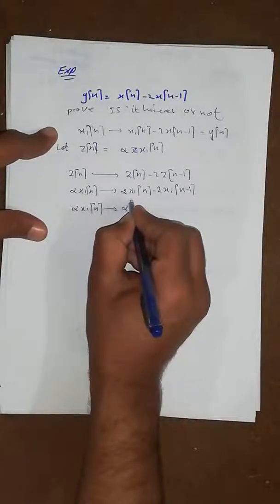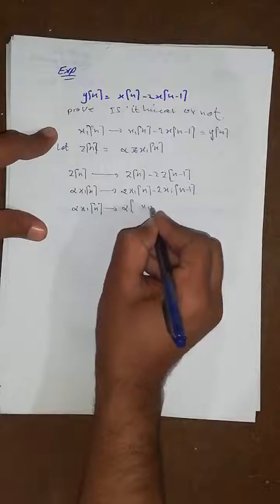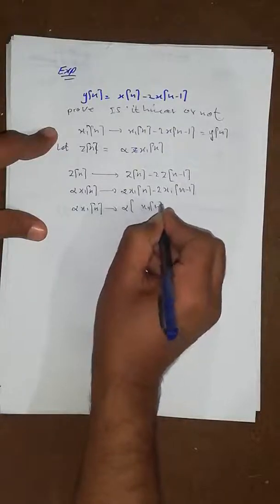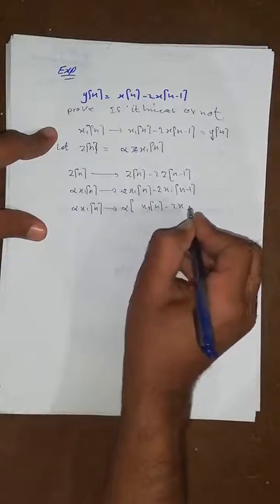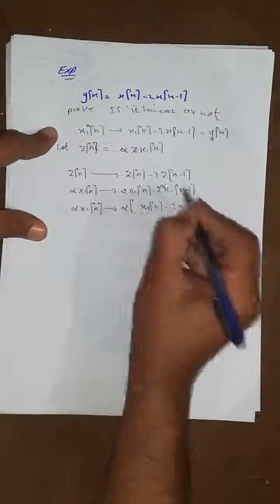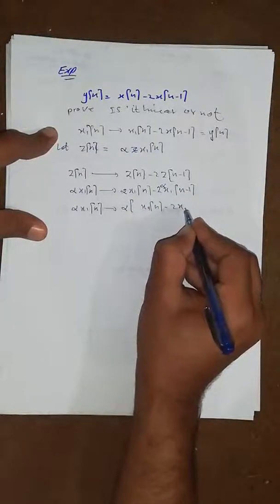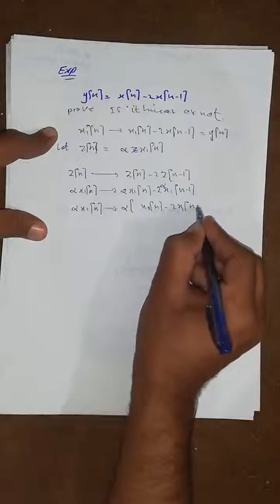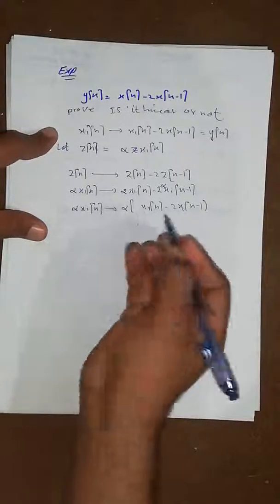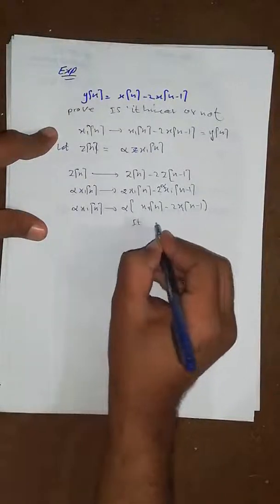Take the common alpha. From here it is clear that it is homogeneous.